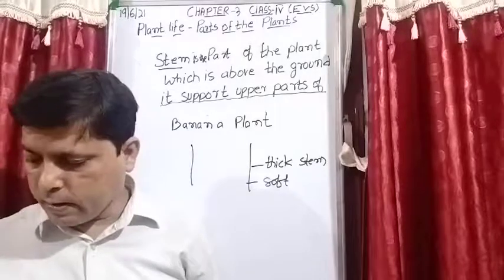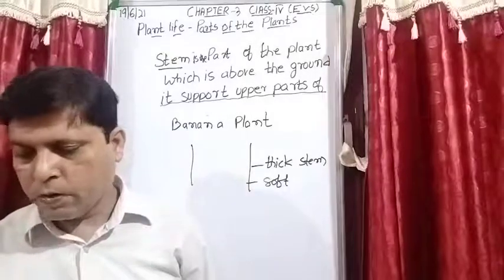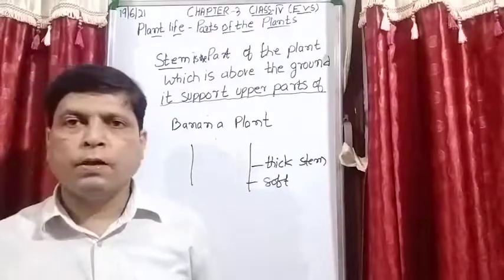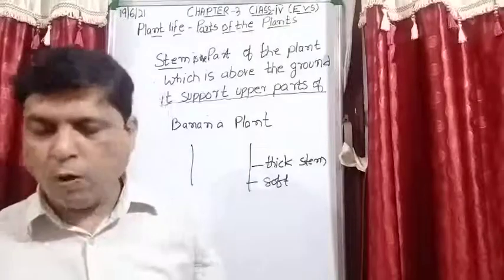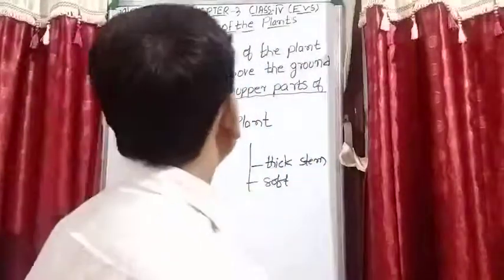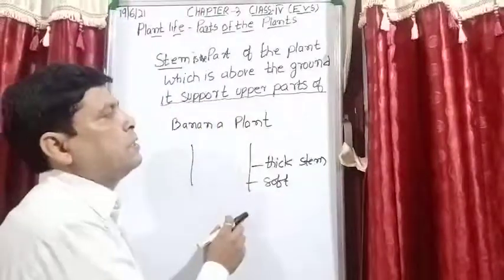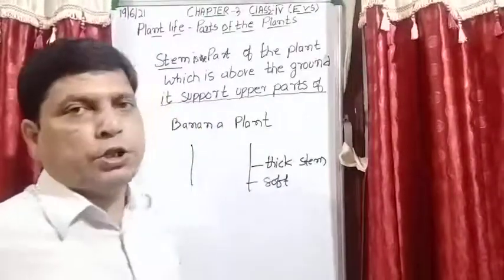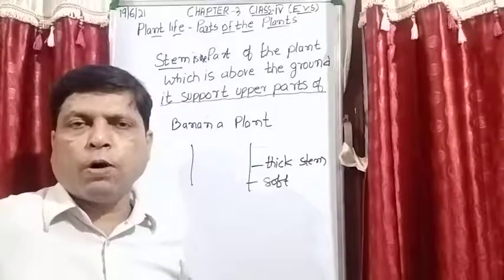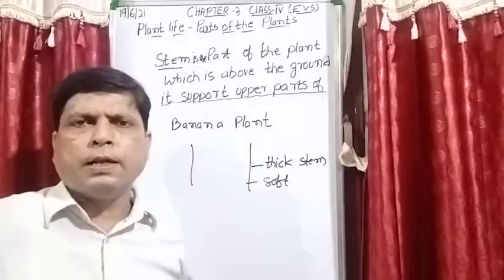Now next we will discuss what the functions of the stem are. So up to this, let's do a little recapitulation, and in the next video I will explain the function of the stem.